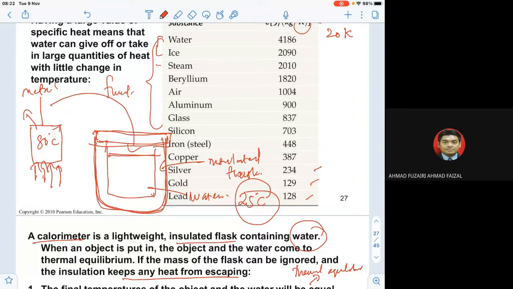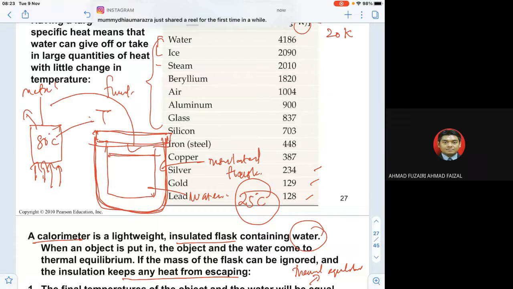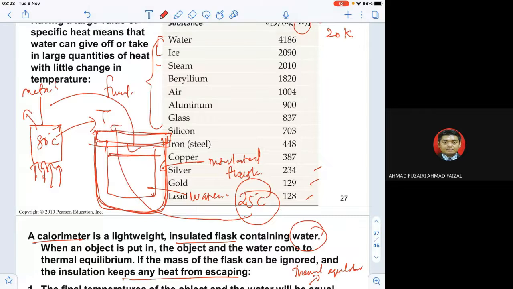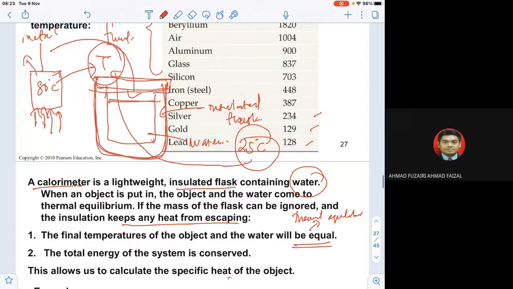The temperature of the metal will go down to some T, and the 25 degrees Celsius will rise to the value of T. Everything will be at one final temperature, which is the temperature of thermal equilibrium.